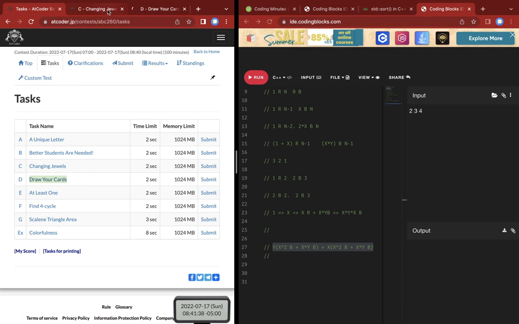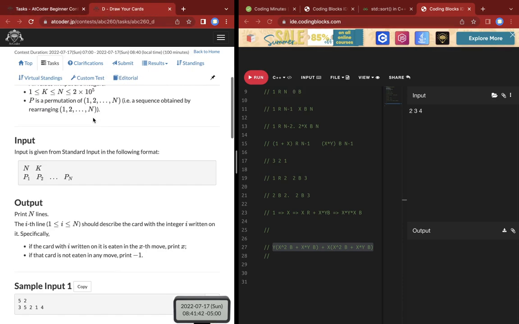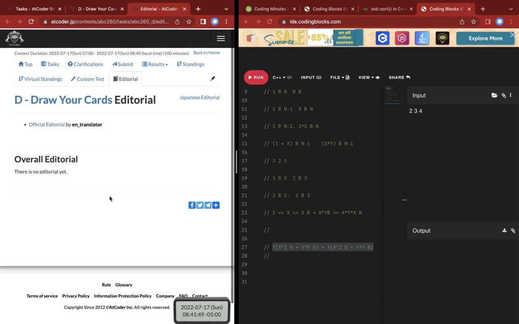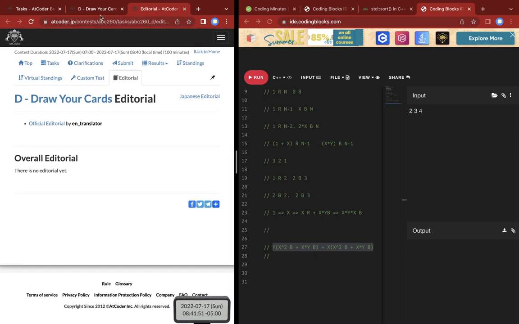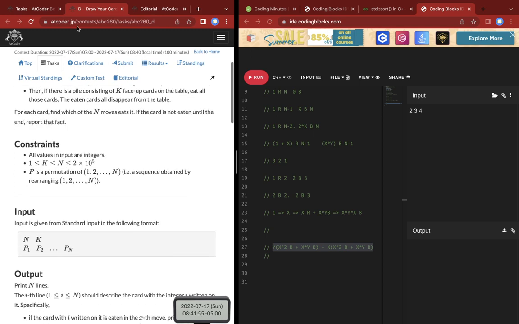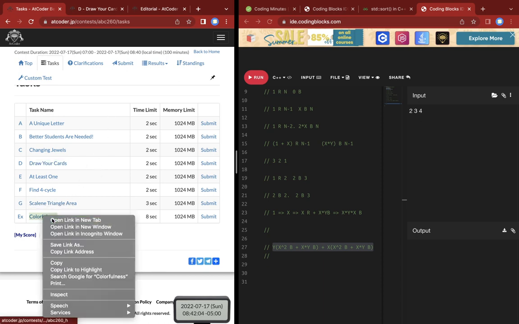Draw your cards. Okay, there is an editorial. No editorial. Please give me an editorial of C, D, E, F, G. What is EX?